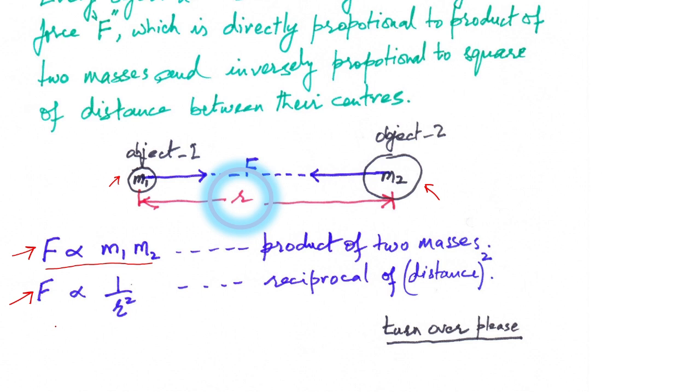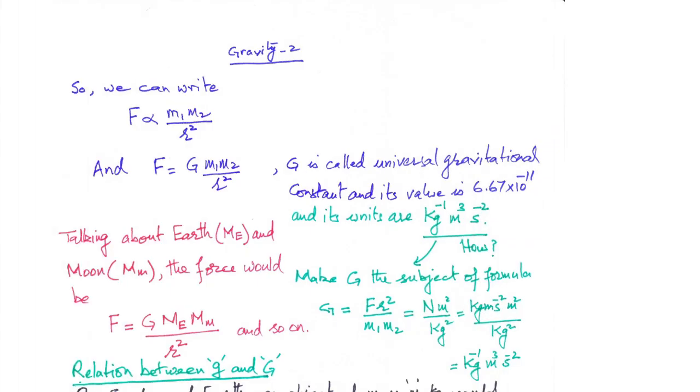And it also says inversely proportional to the square of the distance between their centers. So we are going to write down F is proportional to 1 over r square. Combining the previous two, we can write F is proportional to m1 multiplied by m2 divided by r square.